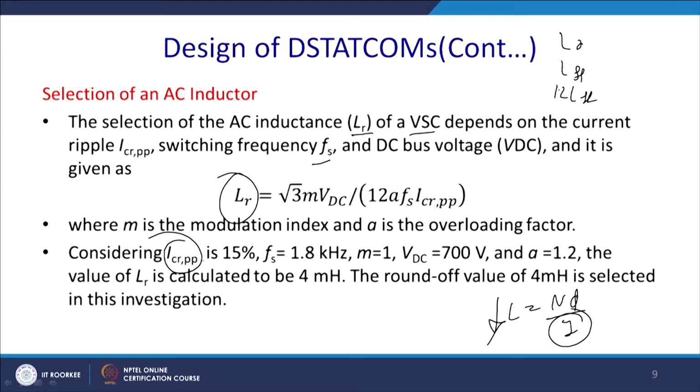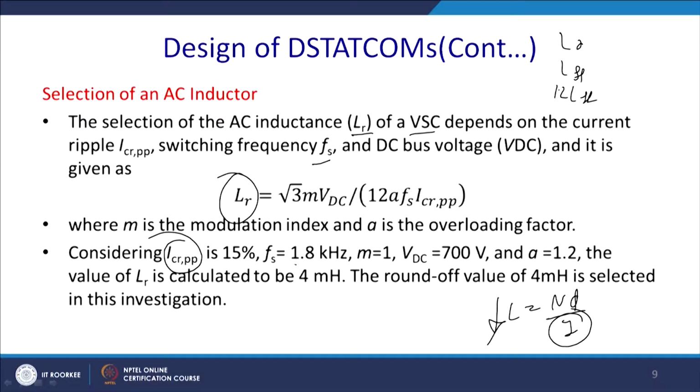So, CRRPP is around 15%, and now the switching frequency of the IGBT or IGCT, let us assume that it is operating at 1.8 kilohertz, and the modulation index we assume to be 1, and VDC also 700 volt, and the overloading factor is said to be 1.2, and the value of L is calculated to be 4 millihenry.